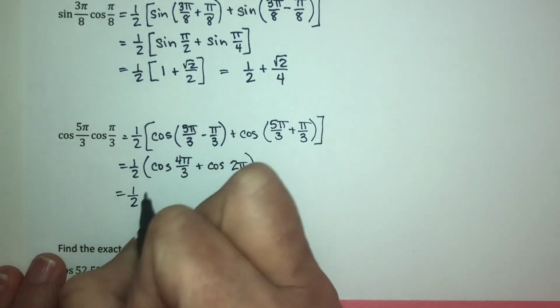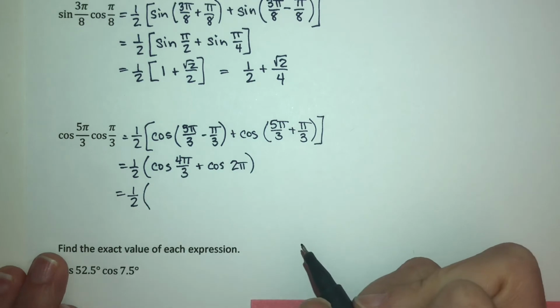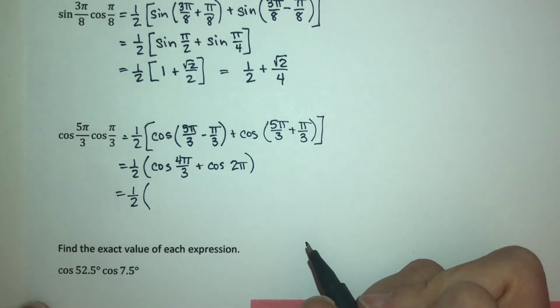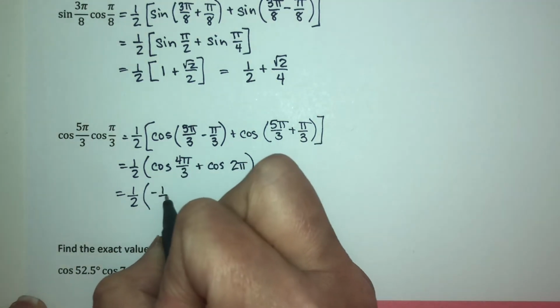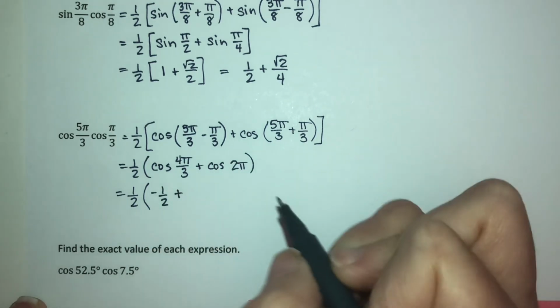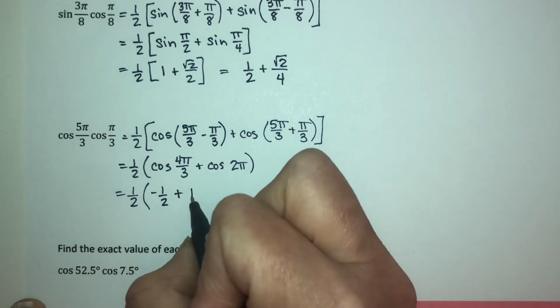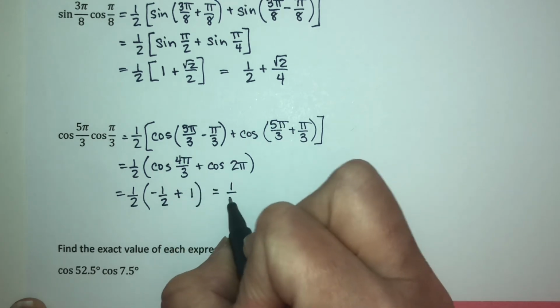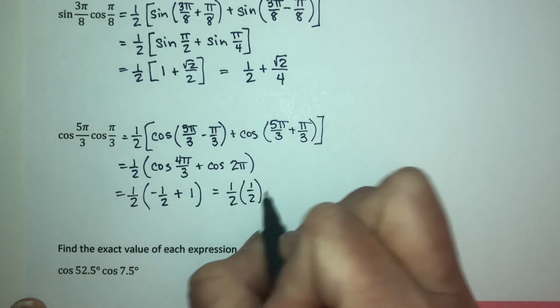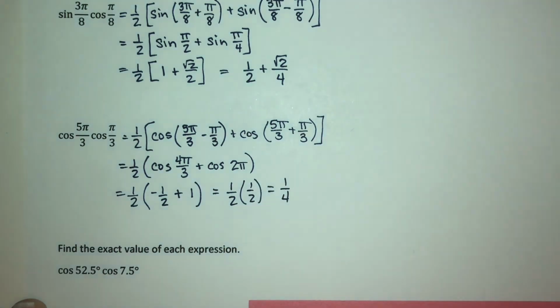Cosine of 4 pi over 3 is negative 1/2, plus cosine of 2 pi is 1. So I have 1/2 times 1/2, and this answer is 1/4.